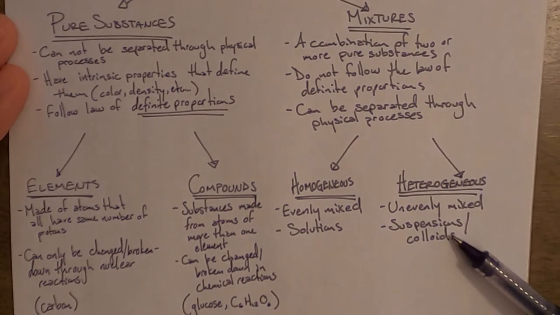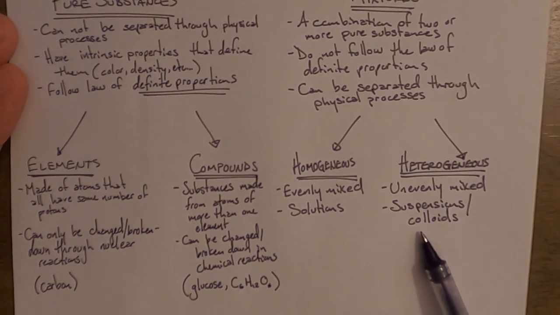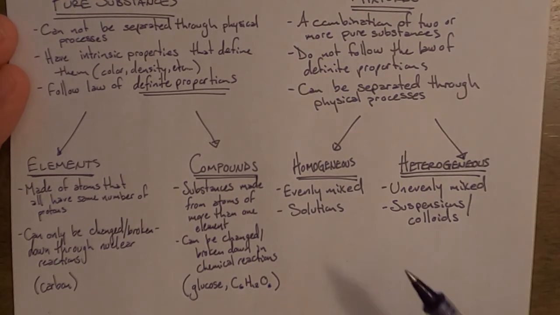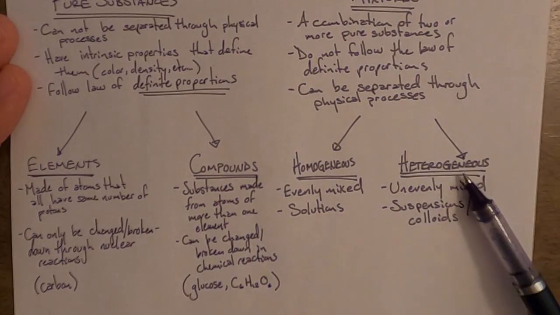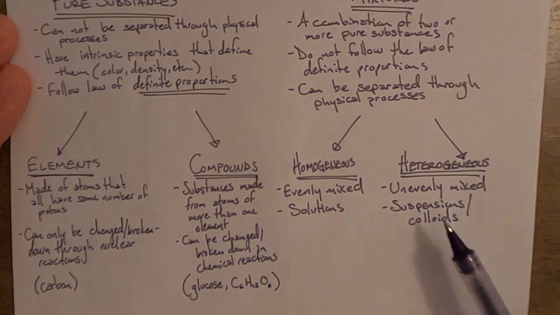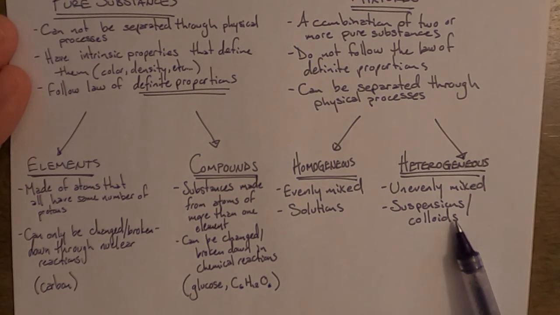One way that you can tell if something is truly a homogeneous or a heterogeneous mixture, especially if they're dissolved in water, is if the solution has a laser shone through it, it would not scatter light. You would not be able to see the laser beam. Versus a heterogeneous mixture, because there are suspensions or things floating around in the water that are not dissolved, you would be able to see the laser beam through it.